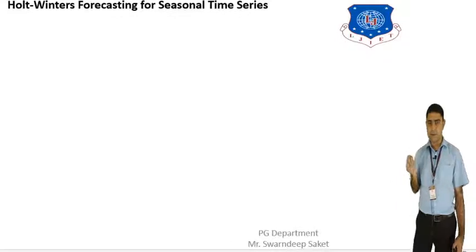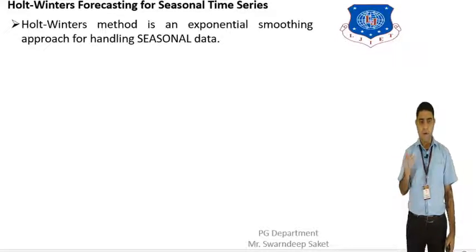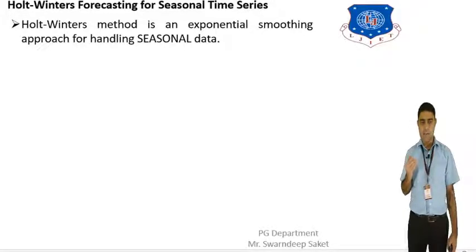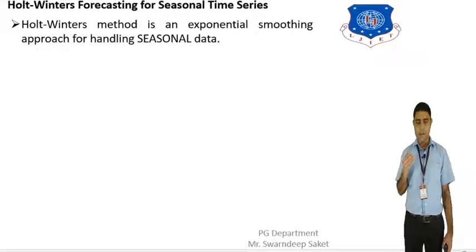Now the next topic is Holt-Winters forecasting for seasonal time series data. The Holt-Winters method is one type of exponential smoothing method which is based on seasonal data. Seasonal data means data taken on a season basis, day wise, month wise, year wise.